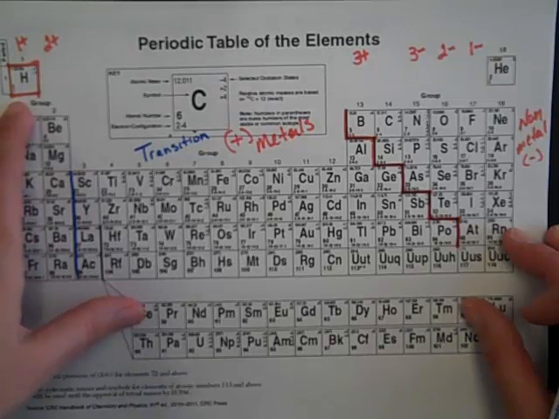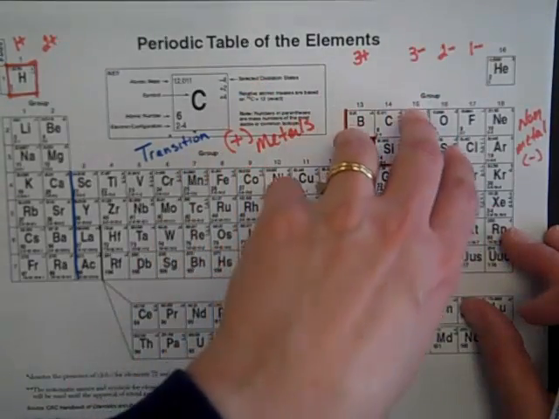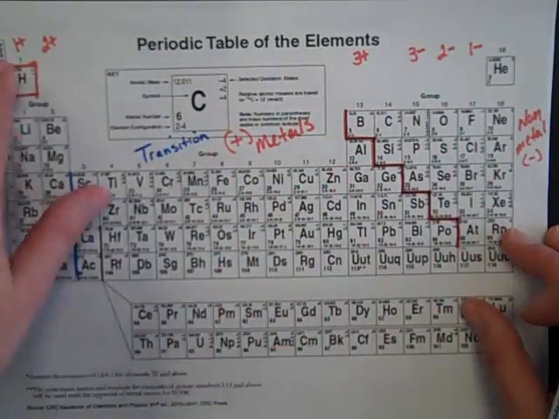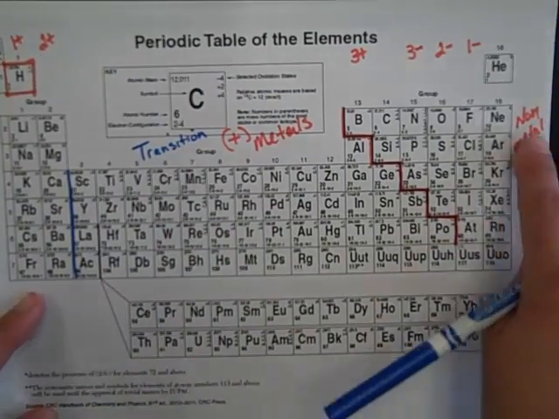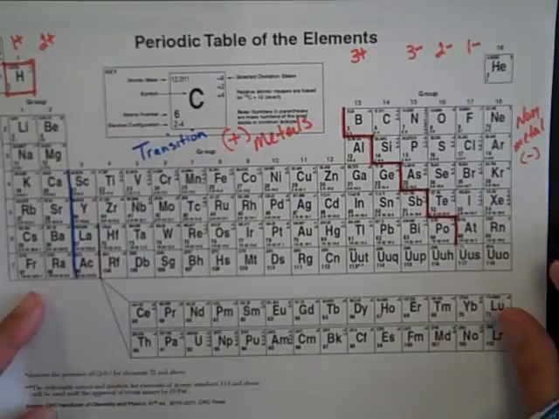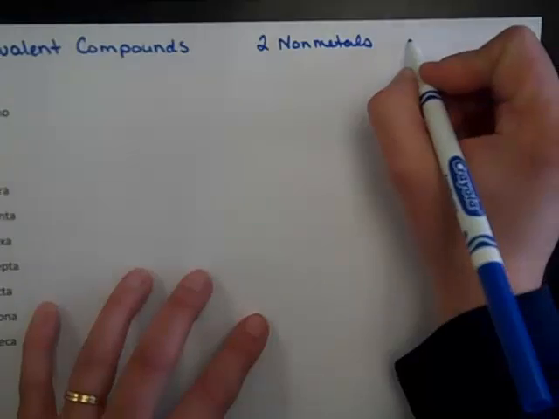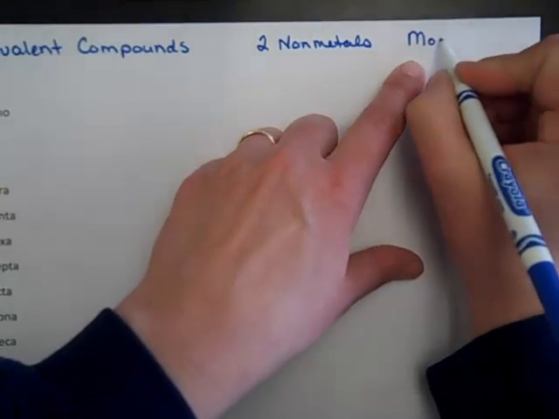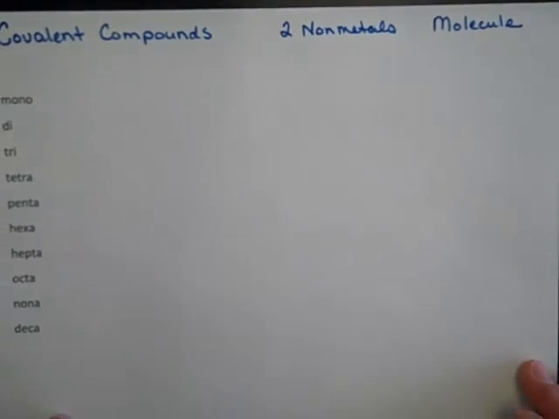But hydrogen is considered a nonmetal, so it does fit in with this section as well. So these elements over here and hydrogen form our covalent compounds. These are also referred to as molecules. So when you say molecule, you are talking about a covalent compound.